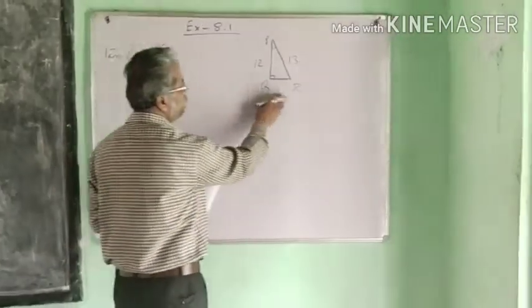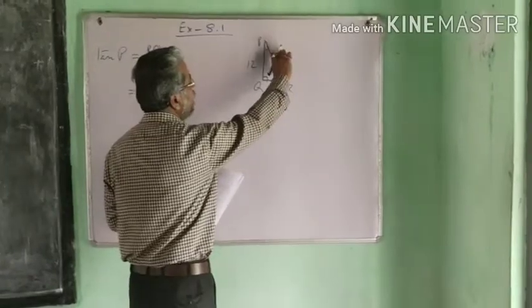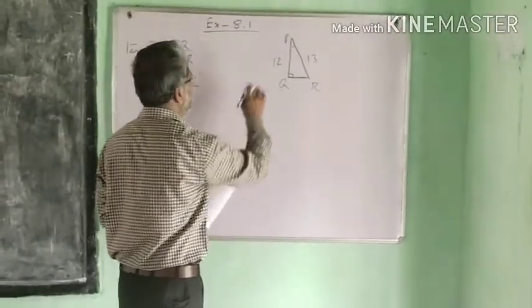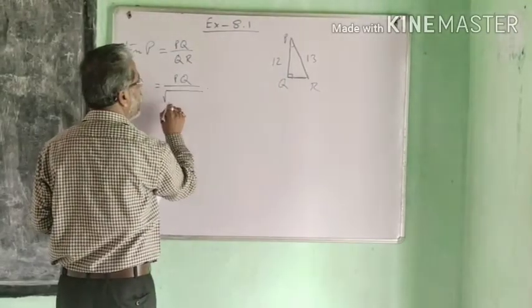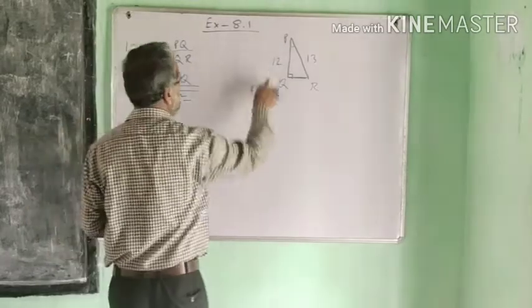Now what will be QR? QR will be root over hypotenuse square minus perpendicular square, so root over PR square minus PQ square.